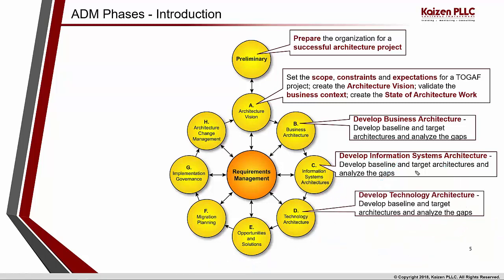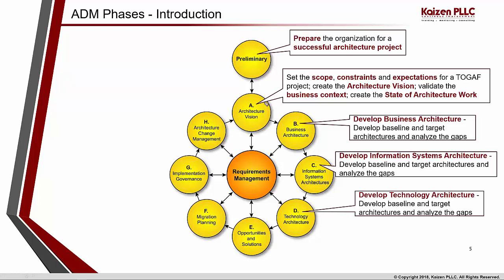Okay, the same principle applies as part of the technology architecture. You define the baseline, you define the target, you identify the gaps as part of the analysis, and then identify the candidate building blocks or the major components required to fulfill those gaps. Document those as part of the architecture definition document. Okay.